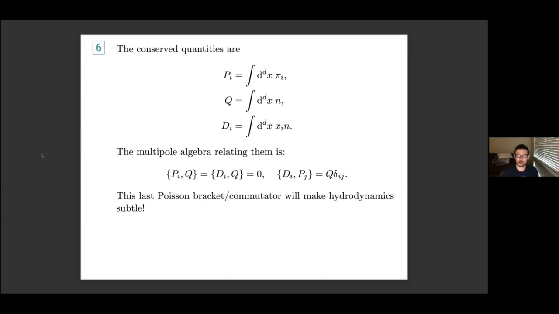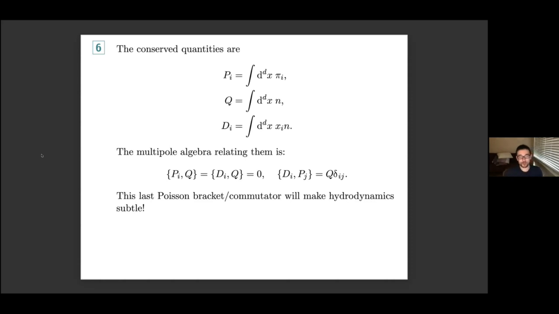We have a total charge Q, which is the integral over all space of a charge density n, and then the dipole moment, the integral over density times x_i. Now, there's an algebra that relates these things called the multipole algebra. This is the simplest non-trivial case of a multipole algebra. And here I'm using classical Poisson brackets. You can use quantum commutators if you prefer. Obviously, it's equivalent up to an i.